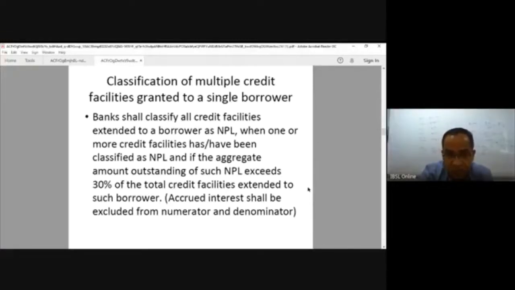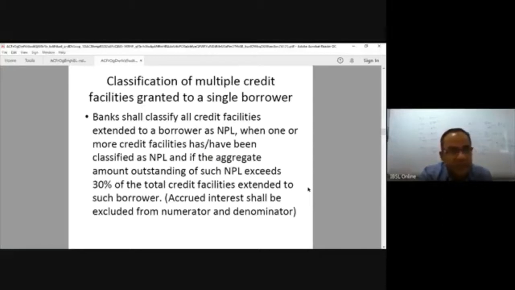Then the customer will be classified as a non-performing customer, and all the facilities will have to be classified, not only those loans. If it is less than 30% of the total advances, no problem. If it exceeds that 30% of the total advances, then all the other performing facilities also will be put under non-performing. That's a very important provision of the central bank.